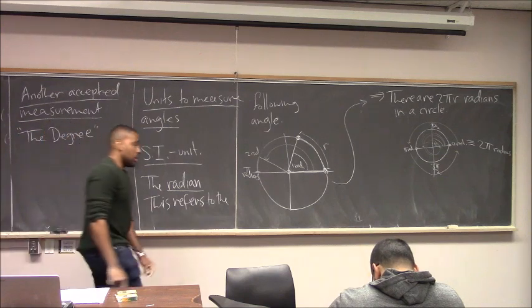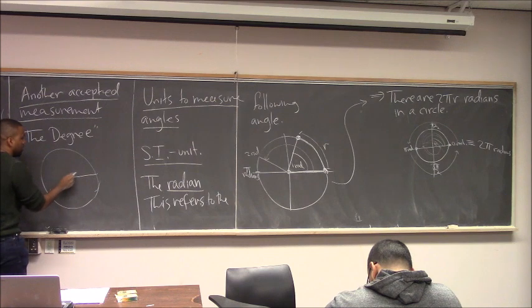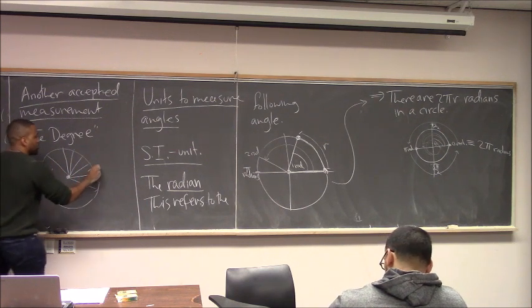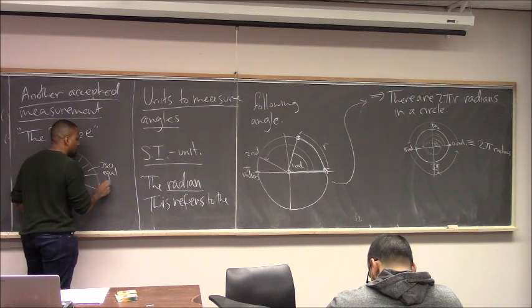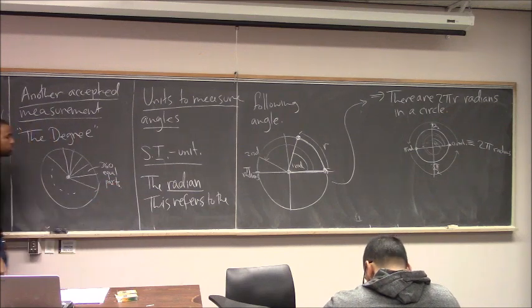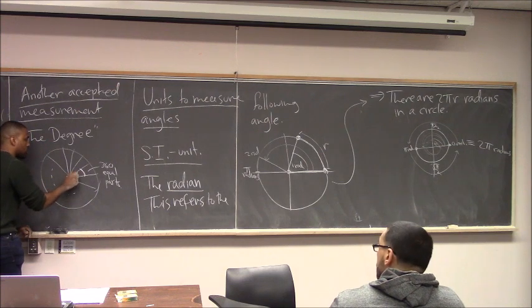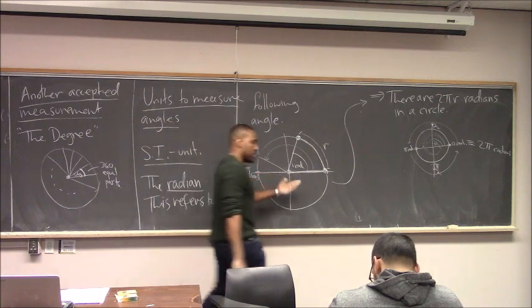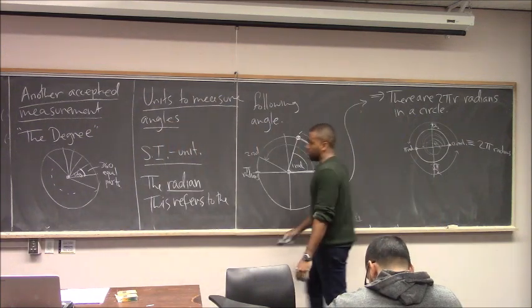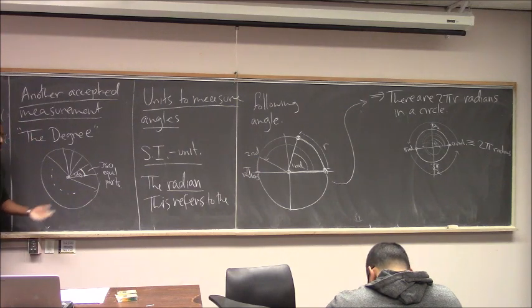What a degree is, if we take the circle and we slice it up into 360 parts. Slice up the circle into 360 equal pizza slices, then the measure of each one of these is 1 degree. Now, we measure the radian based on the circle itself. Historically, how people came up with the degree, no one really knows. It's been a long time.